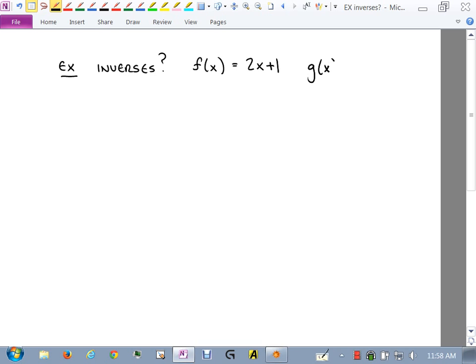G of x equals x minus 1. So what do you have to show first? Show F of G of x equals x. Try it yourself. See if that works out or not.